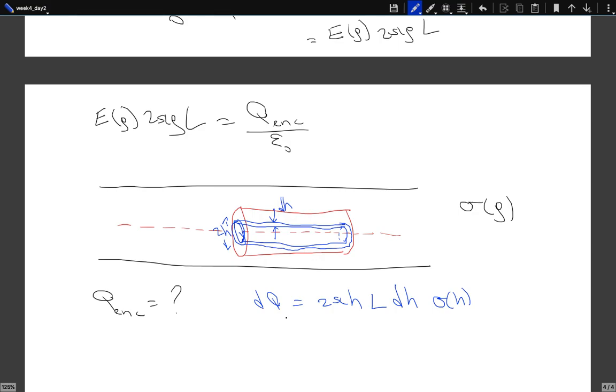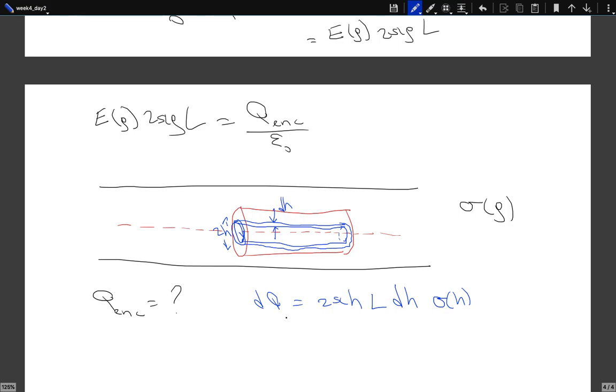Now imagine this is my blue shell. Its radius is h. It has some thickness, dh. So when I open it up, it becomes this rectangle. This is the circumference of my ring. The circumference is just 2 pi times the radius.